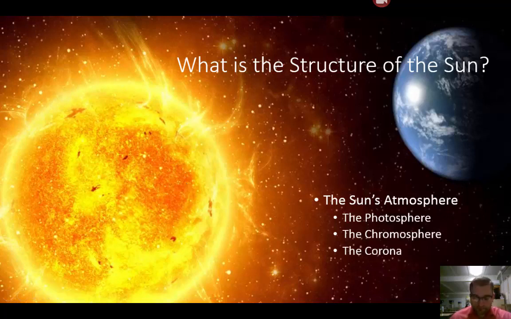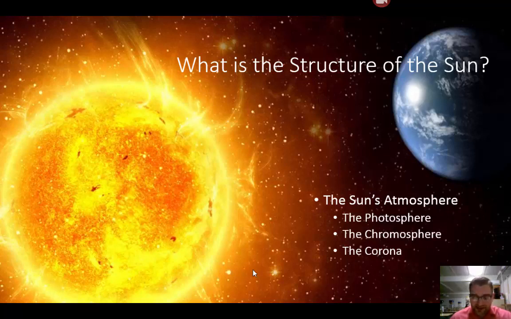Finally, the corona. During a total solar eclipse, an even fainter layer of the sun becomes visible. As you can see in this picture, there is a faint layer of light surrounding the sun. This outer layer, which looks like a white or yellow halo around the sun, is called the corona, which means crown in Latin.